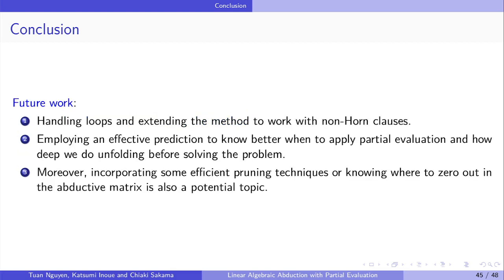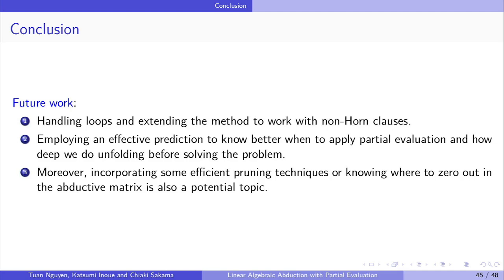And in the future, we expect to do more with this topic. First, we try to handle loops in the program and extend the method to work with non-Horn clauses. And we also try to employ a kind of effect prediction to know better when to apply partial evaluation and how deep we do unfolding before solving the problem.